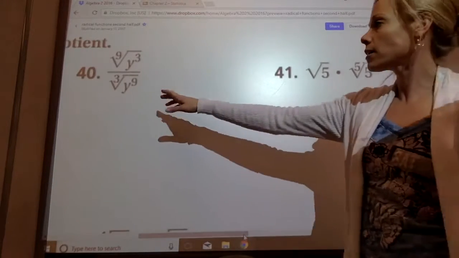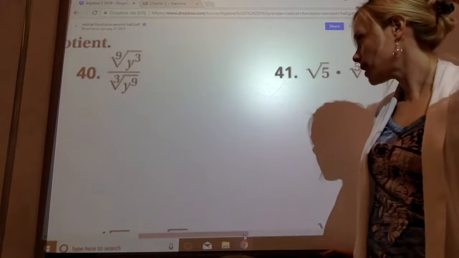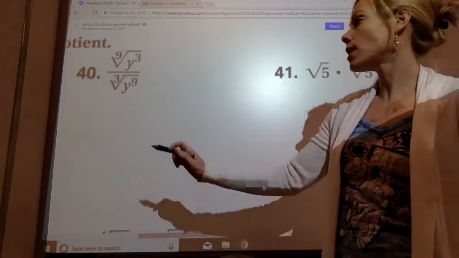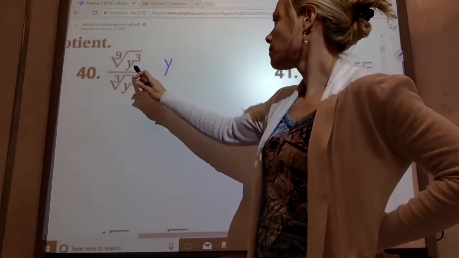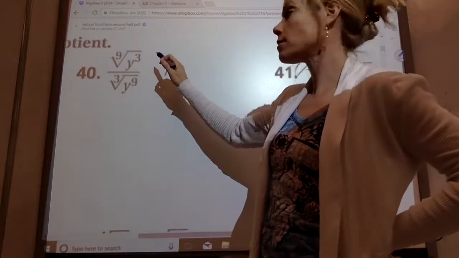If I look here, what do you notice? Same indexes or same bases? Same bases. So I can rewrite this as y to the 3/9.